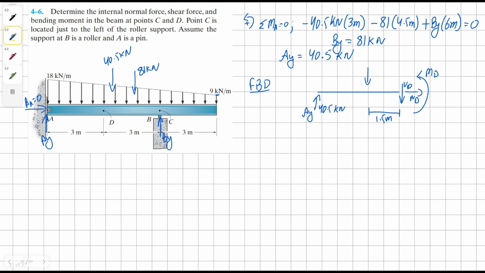So we know it's going to be delta initial and delta final.